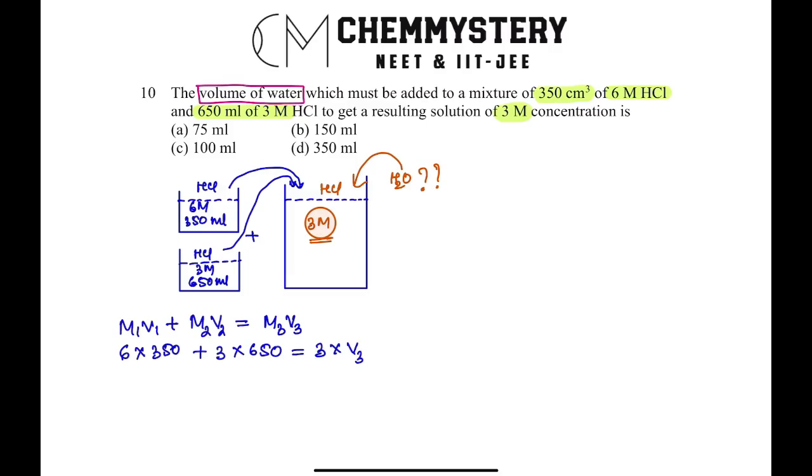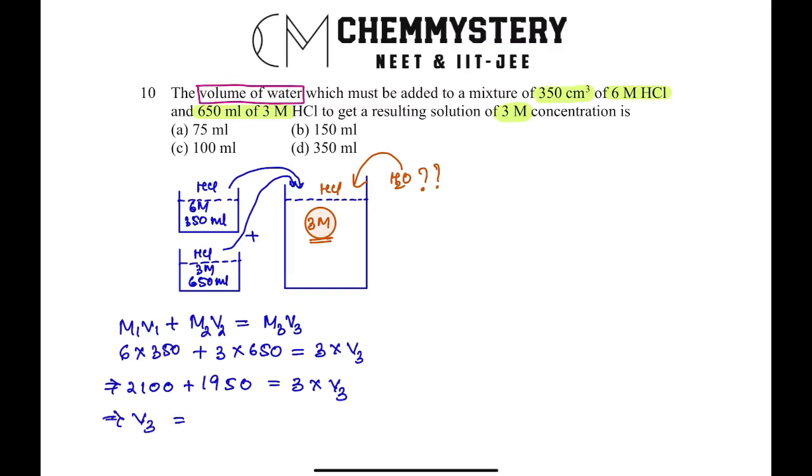Done. How much are we getting here? 6 into 350 is 2100, plus 3 into 650 is 1950, so 4050, is equal to 3 into V3. So what will be my V3?